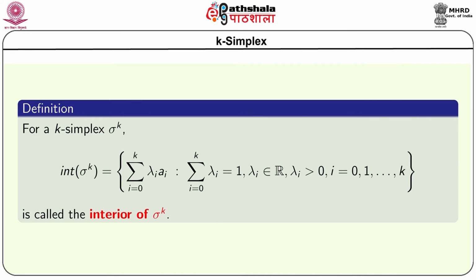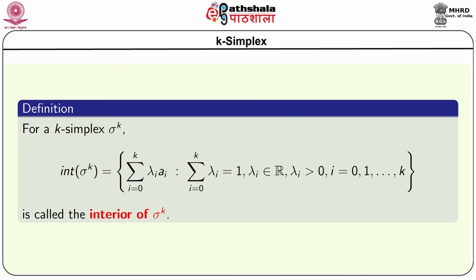We define interior of a k-simplex. Interior of a k-simplex is the set of points of the form summation lambda i a i, i equal to 0 to k, such that summation lambda i is equal to 1, where lambda i's are scalars with the condition that lambda i is strictly greater than 0.